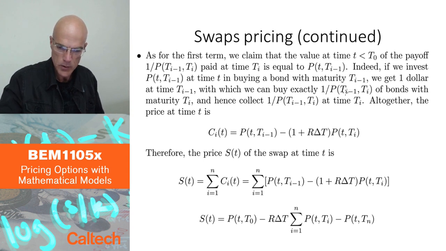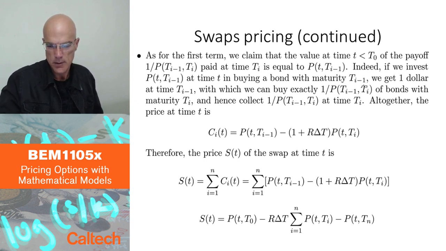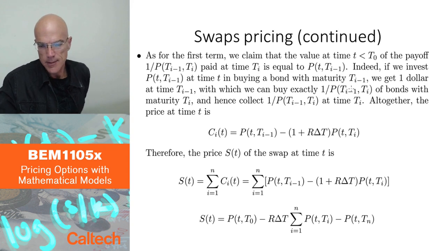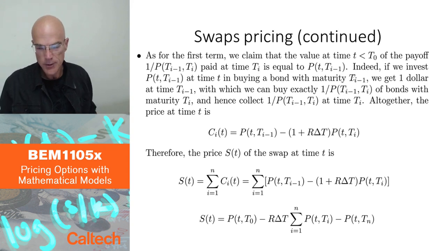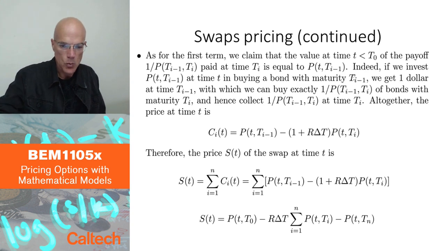So at time ti minus 1, I have $1. And at time ti minus 1, this is the price of a ti bond, the bond which pays $1 at ti. Since I have $1 and it costs me p dollars to buy 1 bond, I can buy 1 over p bonds with maturity ti.